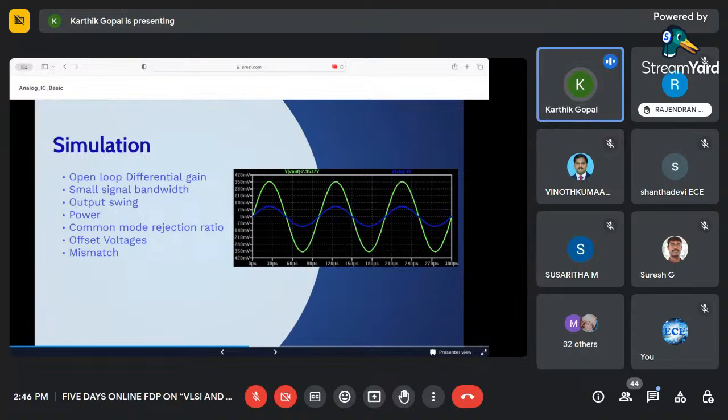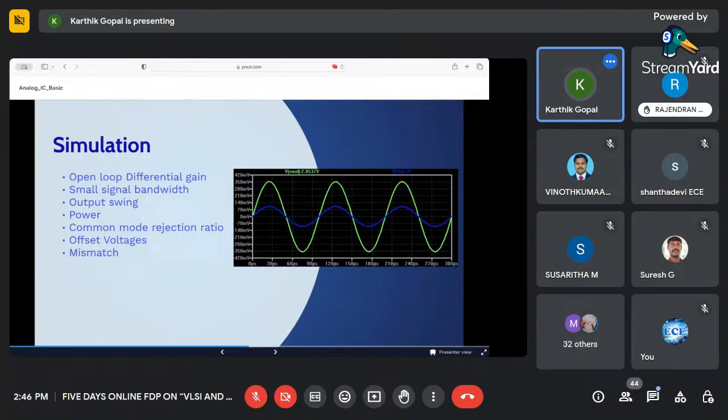And then power consumption, how much power this circuit takes. And there is one more term called common mode rejection ratio, and offset voltage mismatch. For example, if we take one op-amp, we need to do all these 7 kinds of simulations to validate that op-amp. So this is the complexity of analog design.